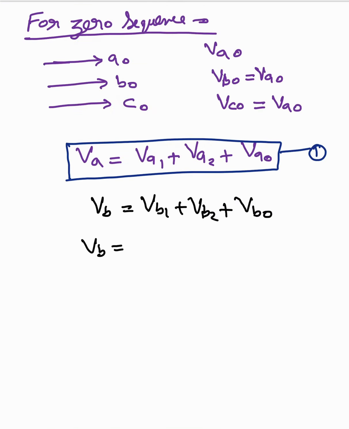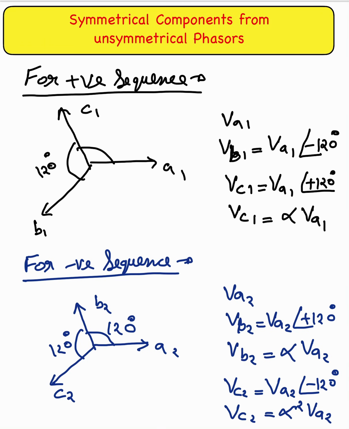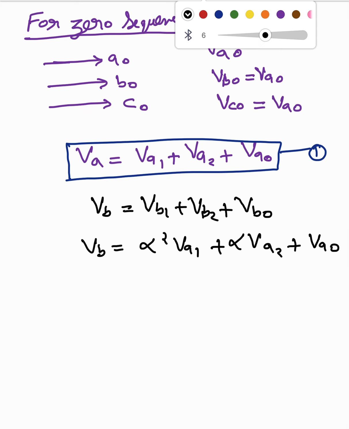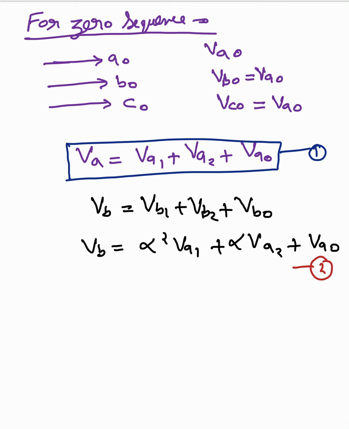VB2 is alpha into VA2, and VB0 is VA0. So VB equals alpha square VA1 plus alpha VA2 plus VA0. This is equation number 2.